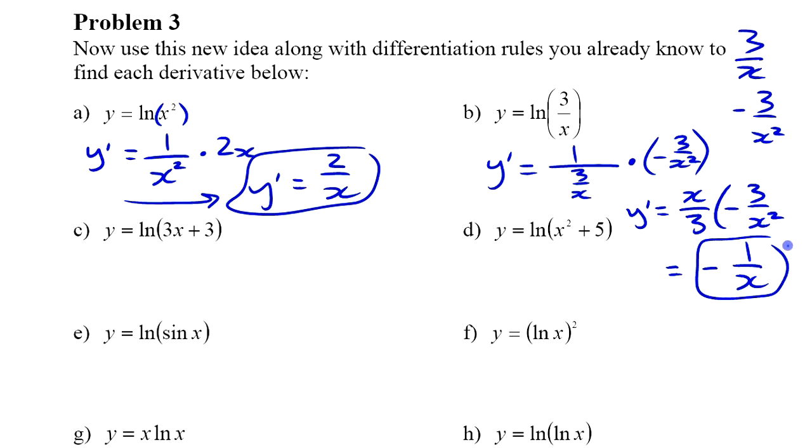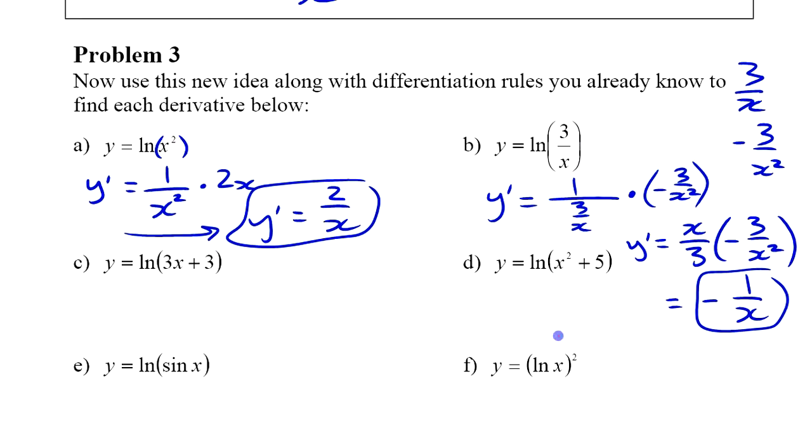Now, before we move on to another one here, there is another way. If you know some logarithm laws, sometimes you can simplify things, because that would be one you could simplify. Because it's the ln of a quotient, you could write the function as ln of 3 minus ln of x. That's really simple to find the derivative of, because ln of 3 is just a constant, a value, so its derivative is 0.